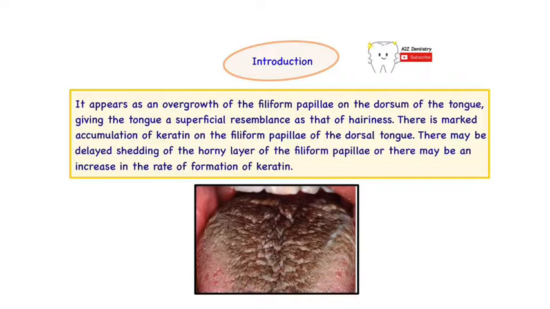Also it has been proposed that in some cases there may be an increase in the rate of keratin formation. One can imagine that if there is a continuous deposition of keratin, gradually the thickness of the upper layer will increase, okay. Now this thickness will give the appearance of strands of hair, therefore it is known as hairy tongue.